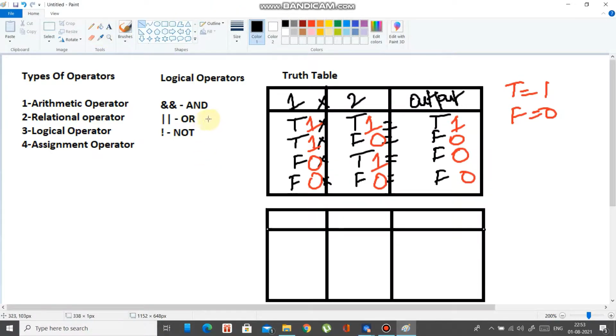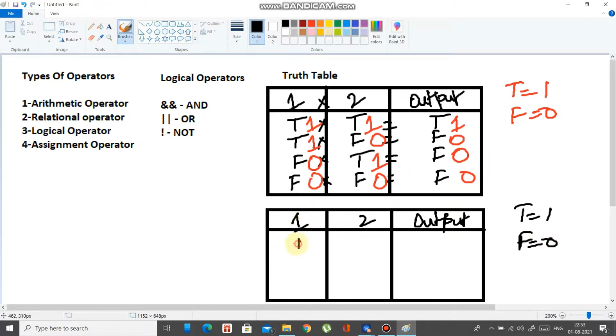This is binary addition. OR operator is binary addition. So like first input, second input, then you'll get the output. Here true is equal to 1, false is equal to 0.